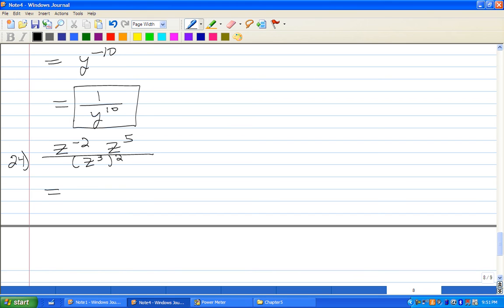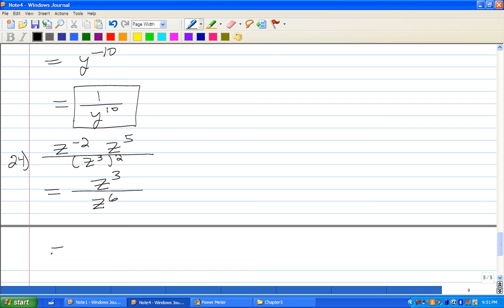Well, if I look at the numerator, I'm multiplying, so I have the same base, z. I'll add exponents. Negative 2 plus 5 is 3. I have in the denominator a base to a power, so I'll just multiply exponents. 3 times 2 is 6.